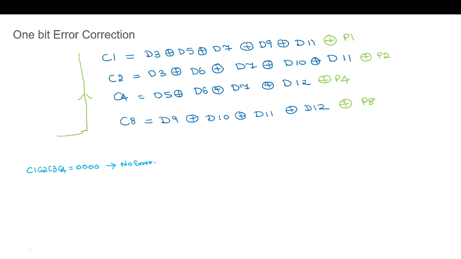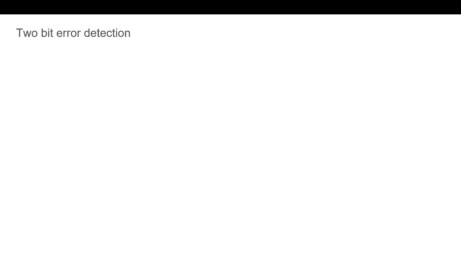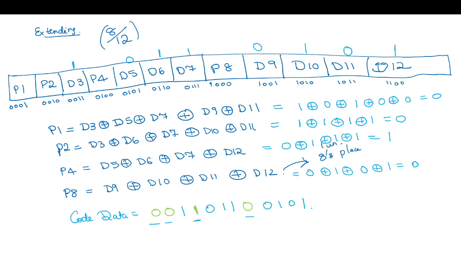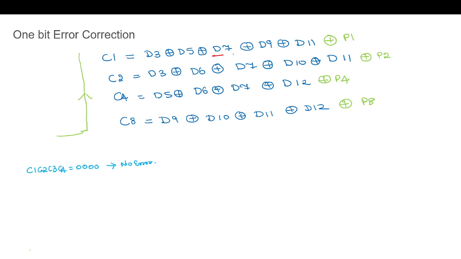Else at one particular position, like whichever is one, that bit position will have the error. So if we consider that say D7 is having the error, then because of the error, this bit will be 1, this bit will be 1, this will be 1, this will be 0.